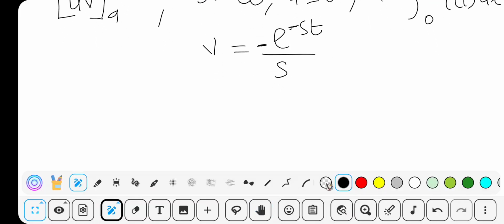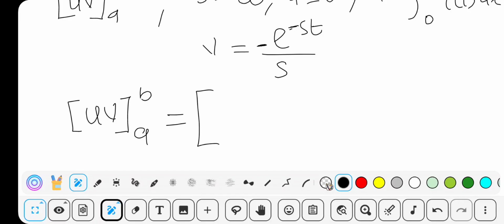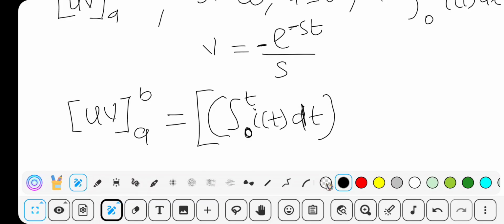So let's continue. uv from a to b is equal to this, for the integral we are looking for, dt. This is u and this is v.